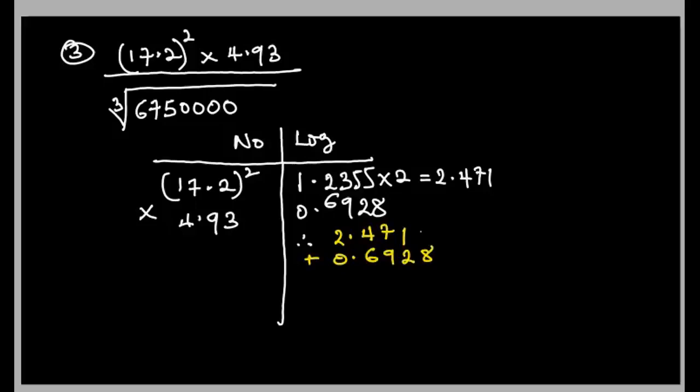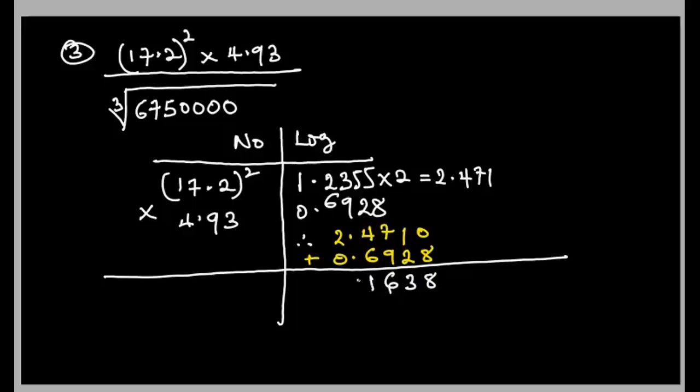When we add this, we have 3.1638. So that is for the numerator.